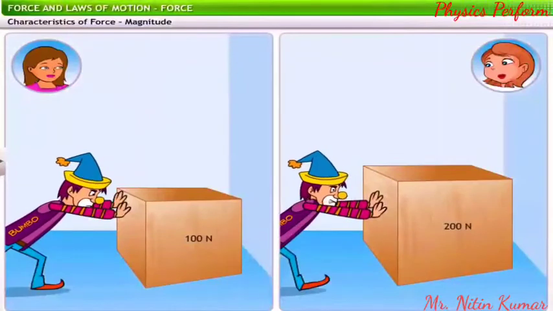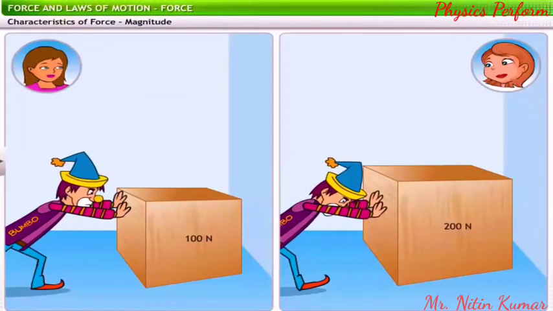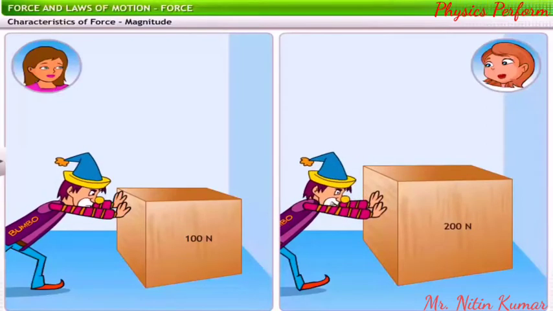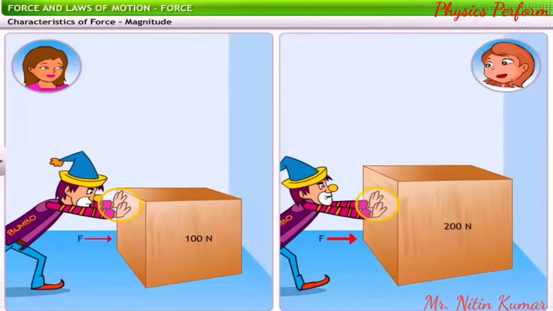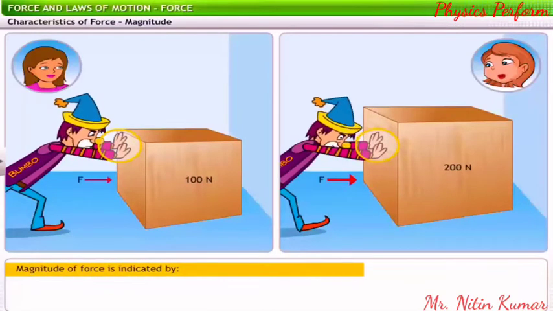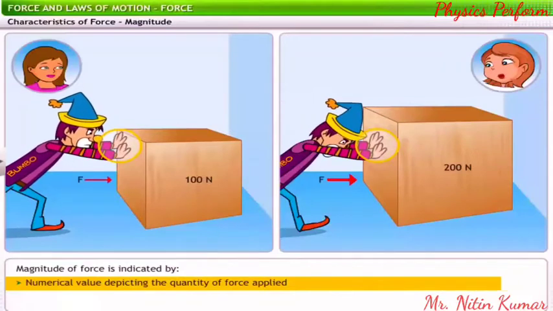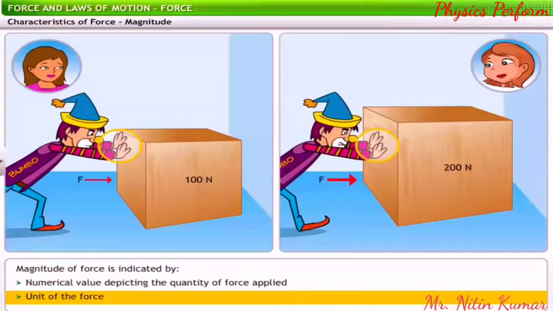What do you think was the difference in these two cases? He had to apply more force to move the second block. Correct. The magnitude of the force required to move each of the two blocks was different. The magnitude of force is indicated by the numerical value depicting the quantity of force applied and the unit of the force.